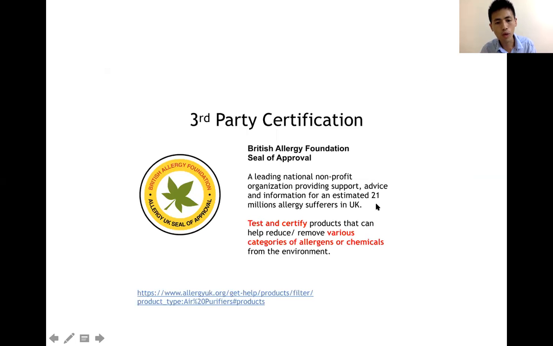Okay? And what about the third-party certification? So for many people who have eczema, who have allergy, this Air Purifier might be able to help them to reduce the contaminants. Because sometimes for our friends, our family members, they don't know what they are allergic to.